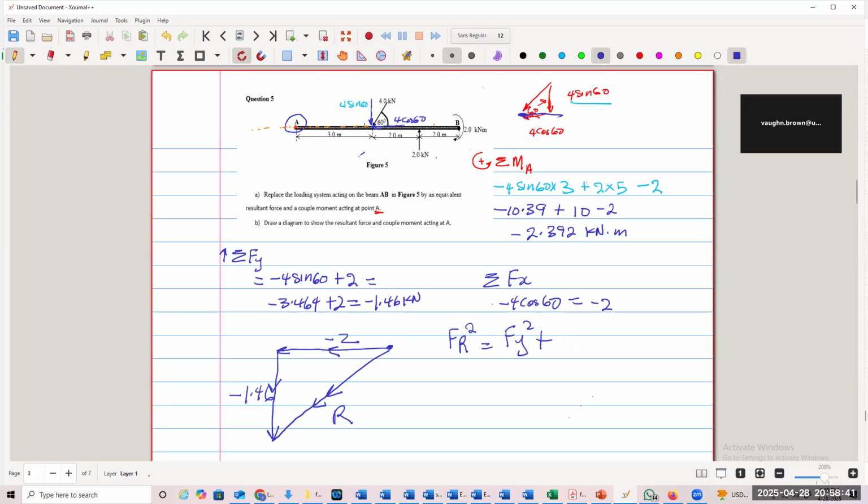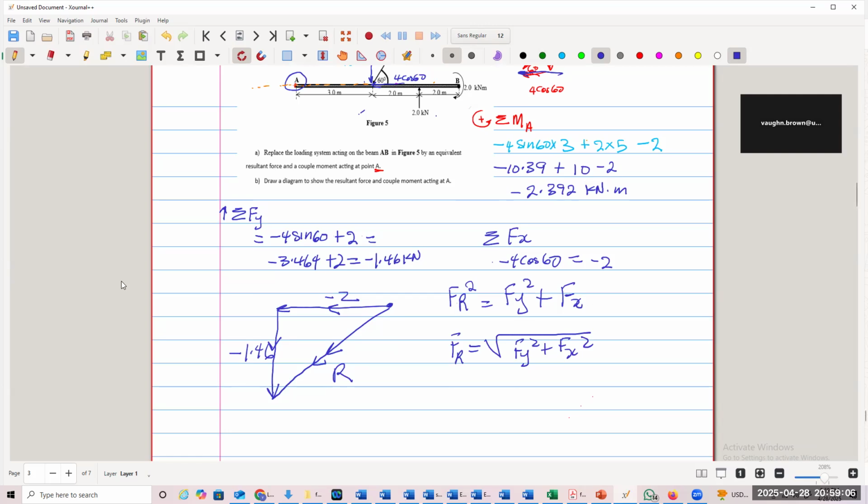To get the resultant, it's the Pythagoras theorem, right? That means Fr is just the root of Fy squared plus Fx squared. So the resultant they're asking you for is simply applying this formula.